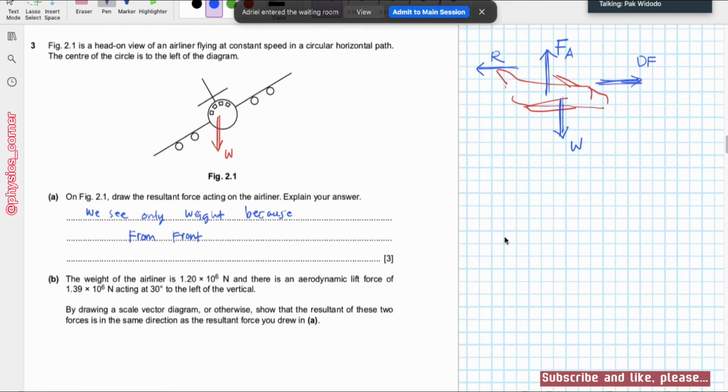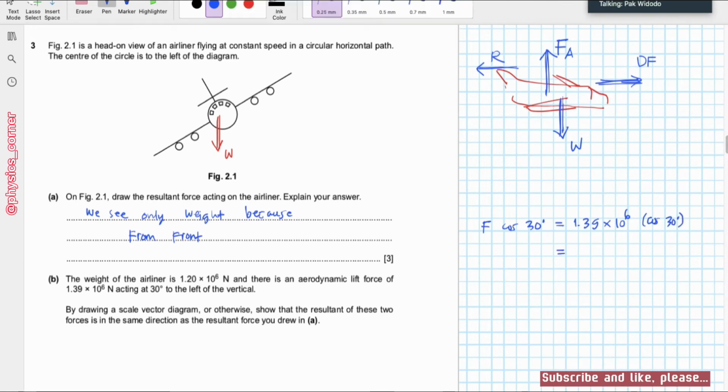Yeah, this is actually the force with cos 30 equals to 1.39 times 10 to the power 6. Yeah, cos 30 is maybe 1.2.